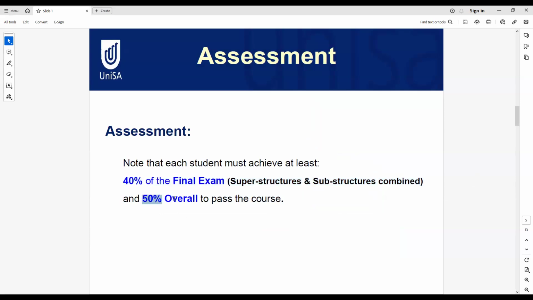And in total, you need to get 50% overall of the assessments and final exam to pass the course. So 40% at least of the final exam, 50% overall to pass the course. This is the criteria for passing the course using the final exam and the assessments during the course.